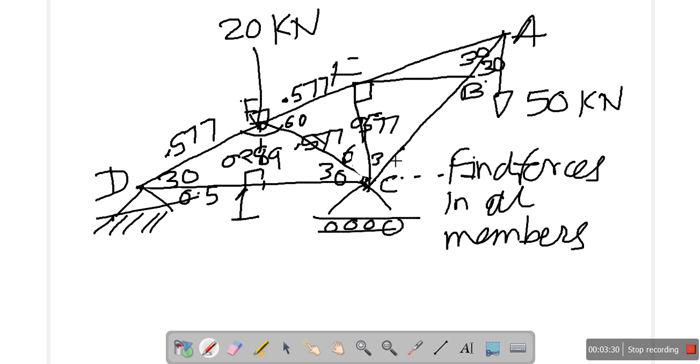This angle will be 30 degree. This is 90. So this angle will be 60 degree. Again, you can do the math and you can find out this particular length.